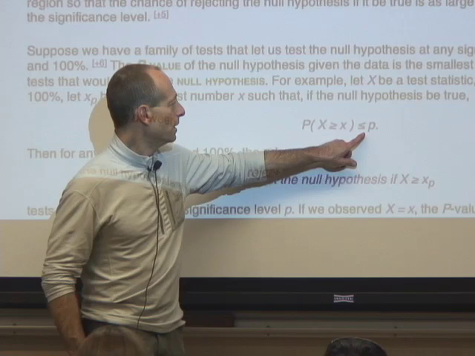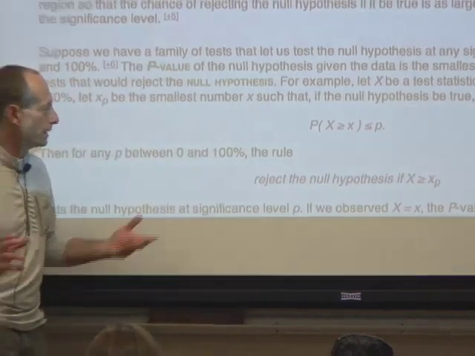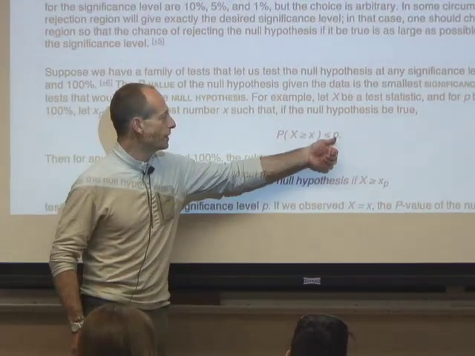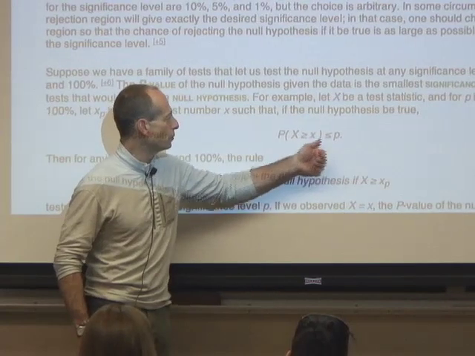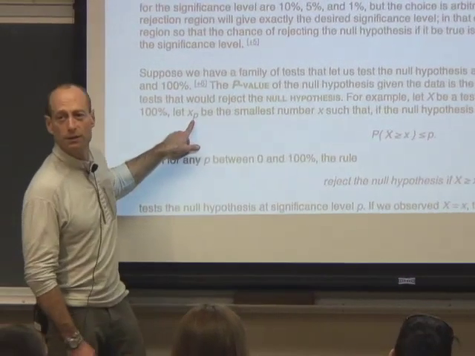Okay? Now, if we have a rule that lets us find that threshold for any value of p we want, we could call that threshold that depends on p x sub p.